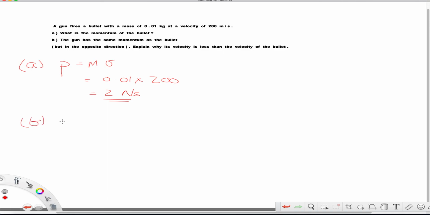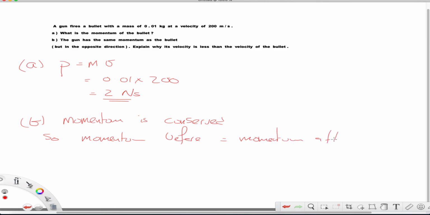Well, momentum is conserved, of course. So momentum before equals momentum afterwards. Momentum before, of course, before you pull the trigger, is 0. It equals the momentum of the bullet plus the momentum of the gun.